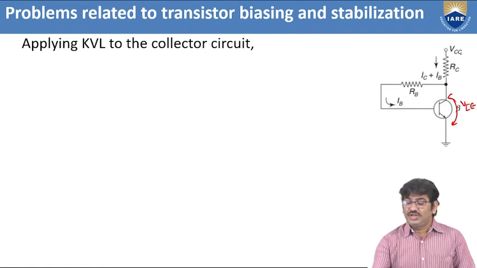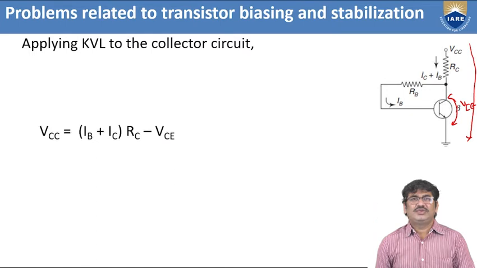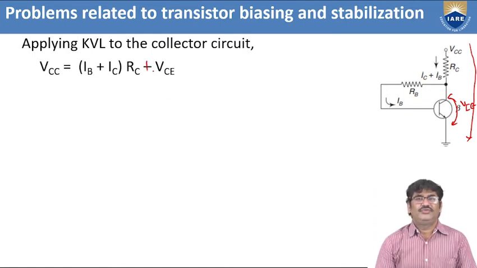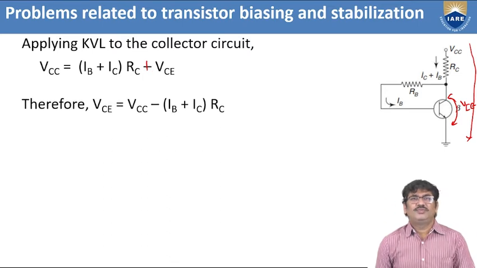The output circuit consists of VCC, RC, and collector to emitter. The KVL expression at the collector circuit is given as VCC is equivalent to (IB plus IC) into RC plus VCE. From this, we can write VCE is equivalent to VCC minus (IB plus IC) into RC.